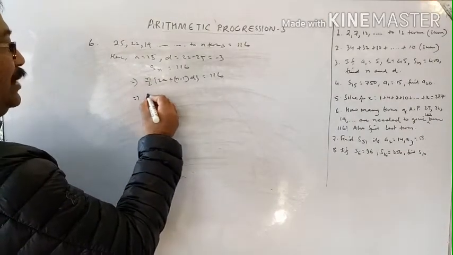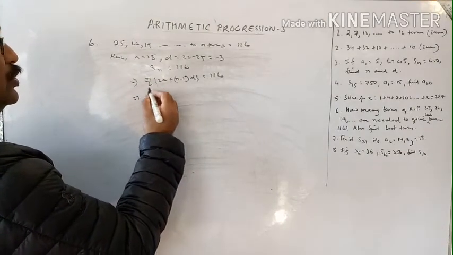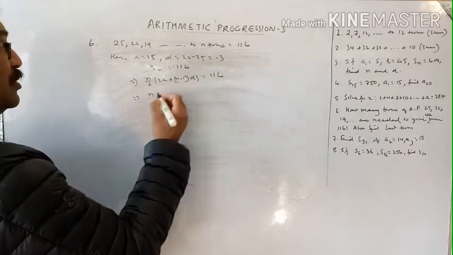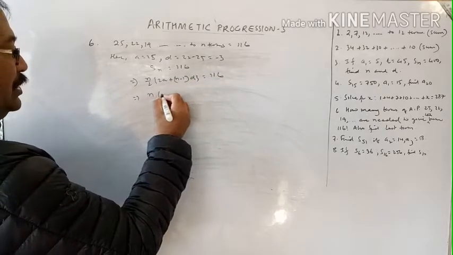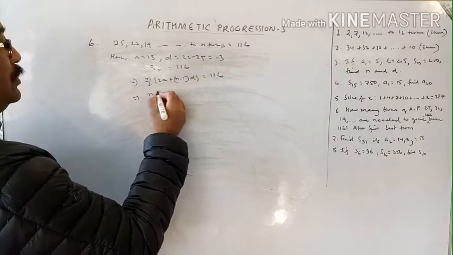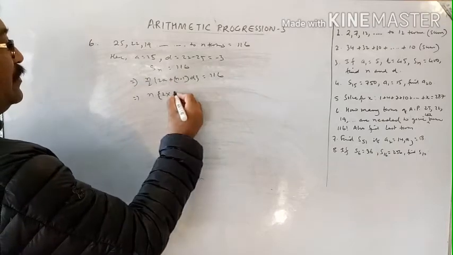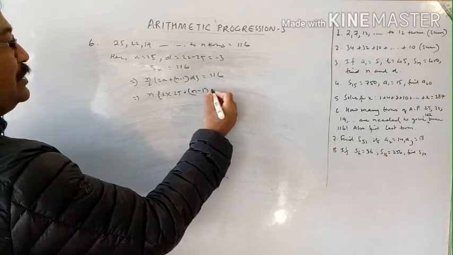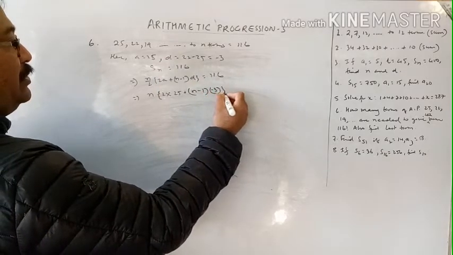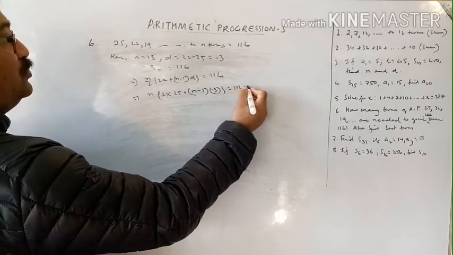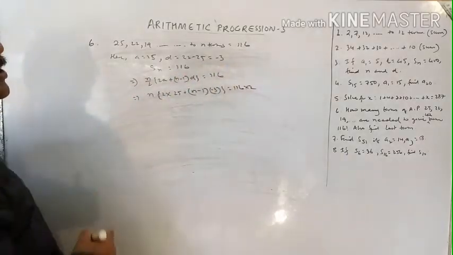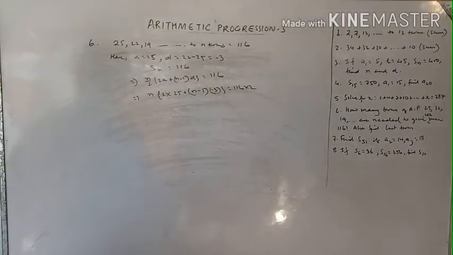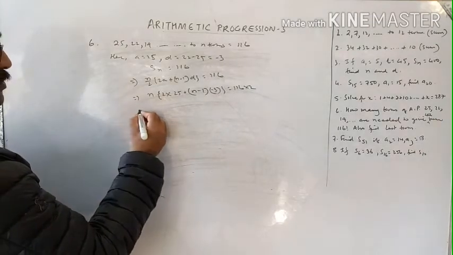So here n we don't know. Okay, so 2 can cross multiply here. So we get n into 2 into 25 plus (n minus 1) into d, we know it is minus 3, which is equal to 116 into 2, because this 2 will cross multiply. This is similar to the previous question.